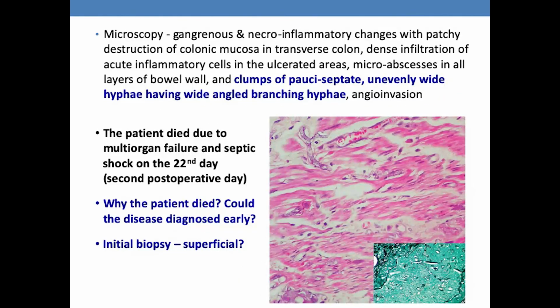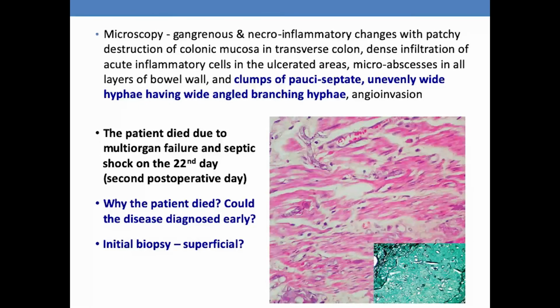Microscopy showed the presence of this type of hyphae. Can you diagnose it? Mucor. It's mucormycosis: clumps of pauciseptate, unevenly wide hyphae having wide angle branching.